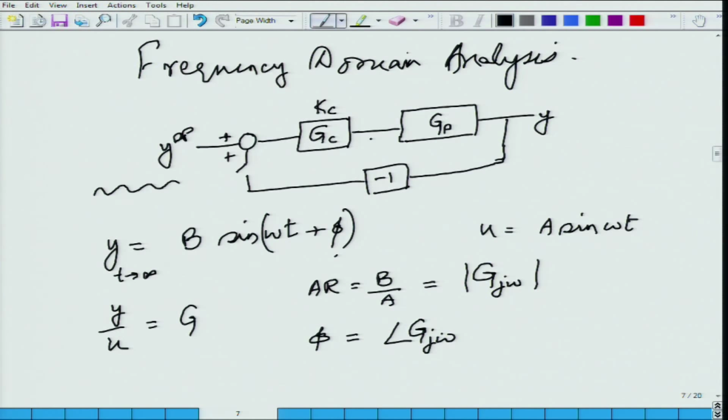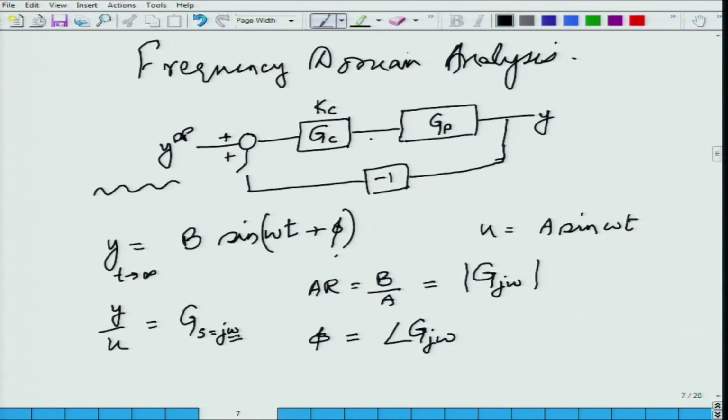And what I mean to say is, just to clarify, when you replace s in the transfer function with j omega, for a particular value of the frequency of the sine wave, for a particular value of omega, what you will get is that G(j omega) is a complex number.